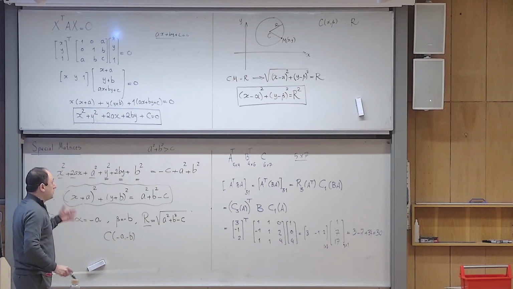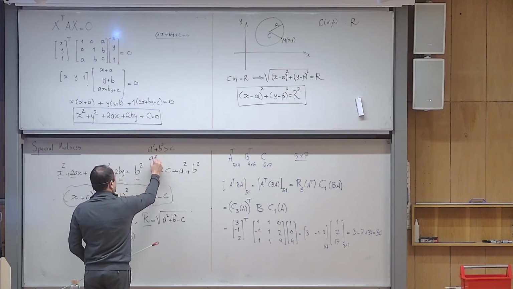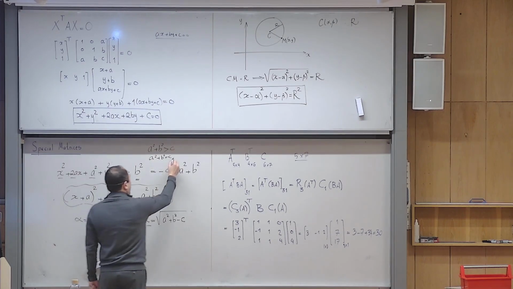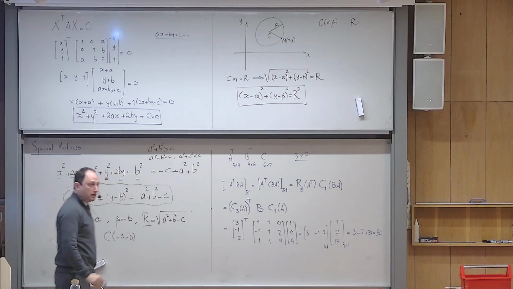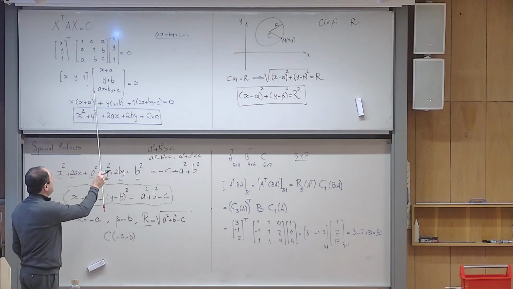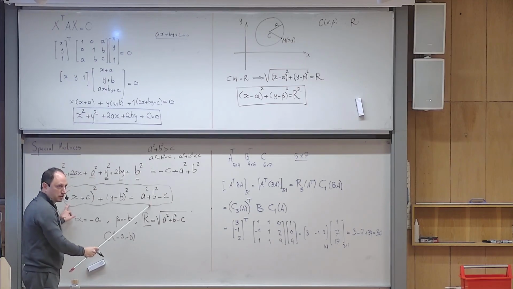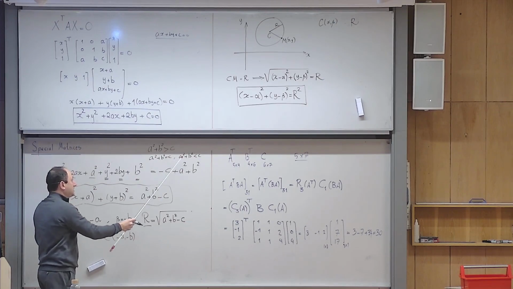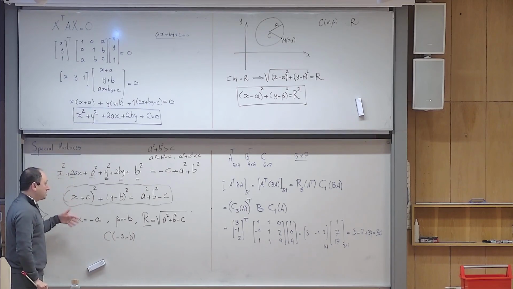But what happens if a squared plus b squared is equal to c? It might happen. What happens if a squared plus b squared is less than c? So all the calculations can be done again. So I will get exactly the same equation again. But in the case that this is equal to c, or in the case that this is less than c, my interpretation will change. Can you tell me what will happen?